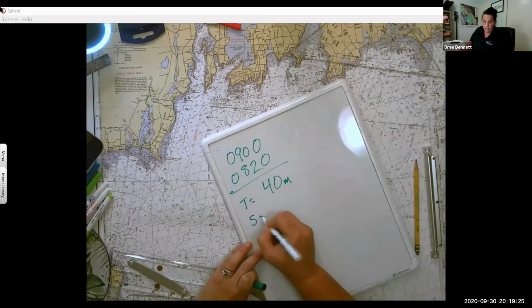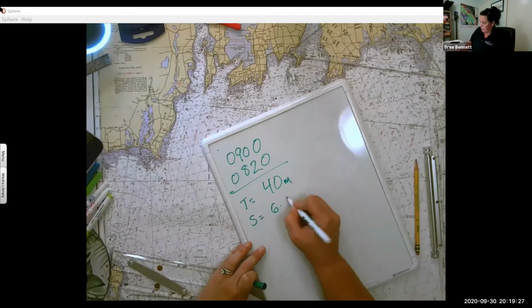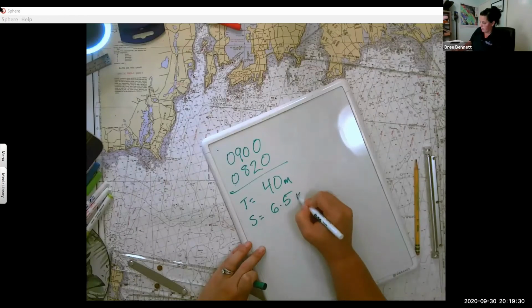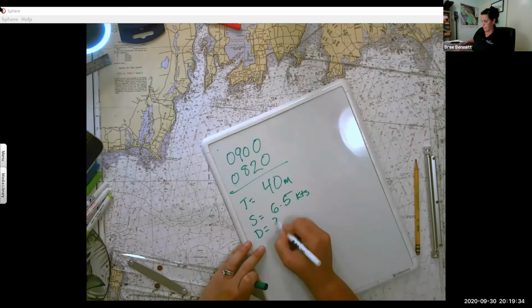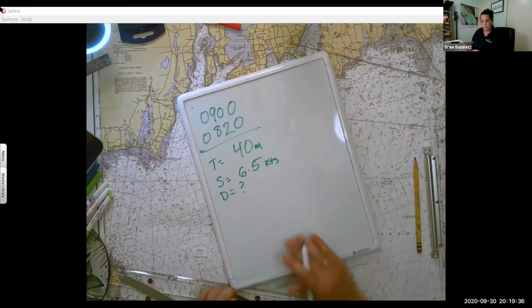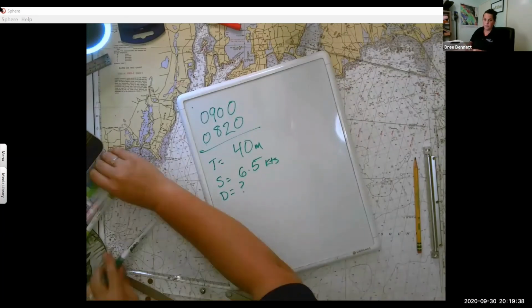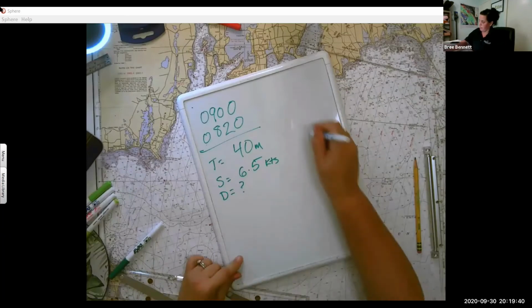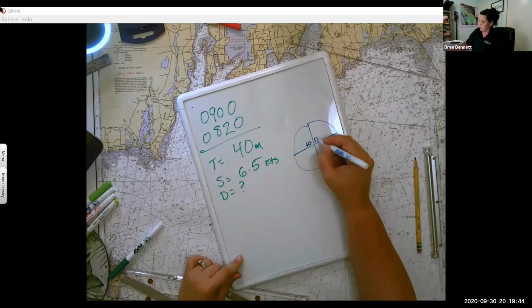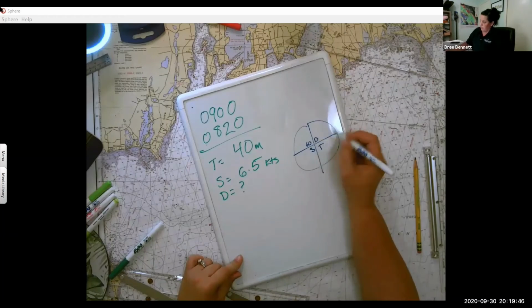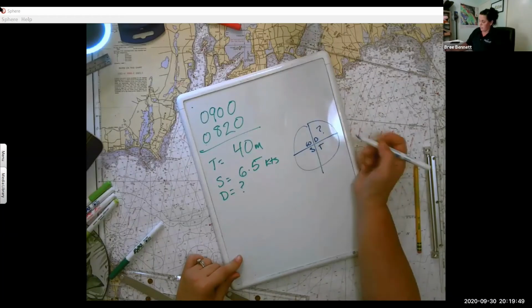My speed is 6.5. What is the distance traveled? That's my question. So I use my 60 D Street. I'm going to do the circle here. D is my question mark.